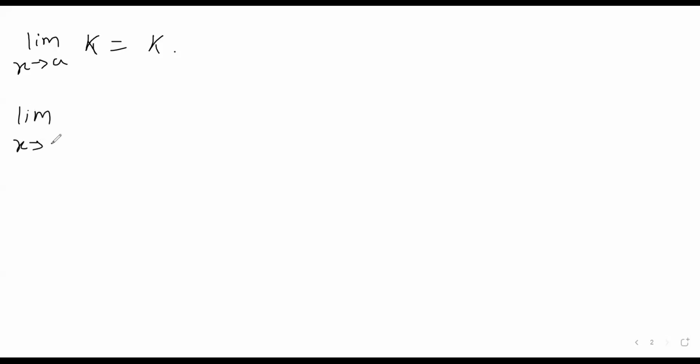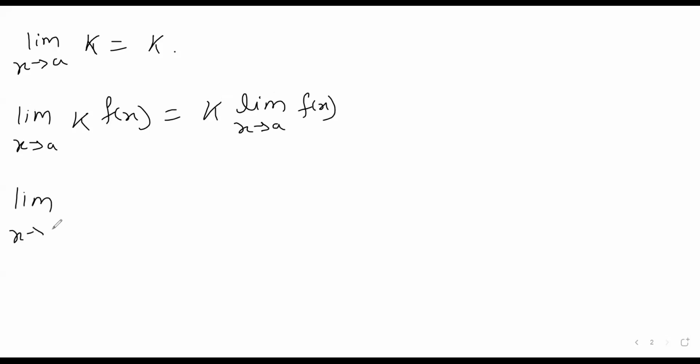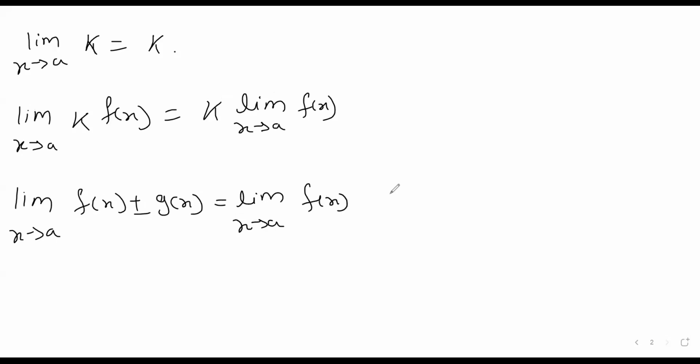If limit x tends to a, k into f of x, then k limit x tends to a, f of x. If limit x tends to a, f of x plus or minus g of x, then limit x tends to a f of x plus or minus limit x tends to a g of x.